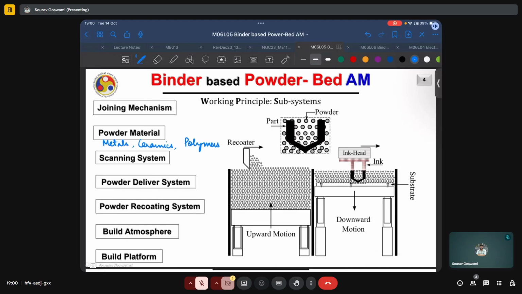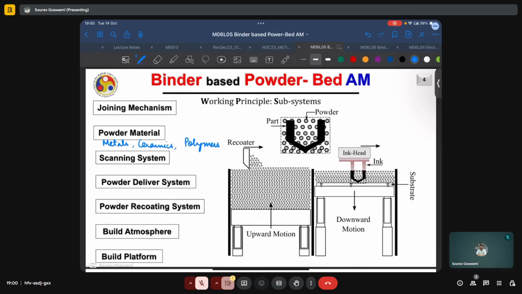The scanning system consists of a deposition head, which will have single or more commonly multiple nozzles through which the binder material will be jetted out. The powder delivery system will again be mostly from the bottom. The powder recoating system will similarly be using a recoater blade or a roller.